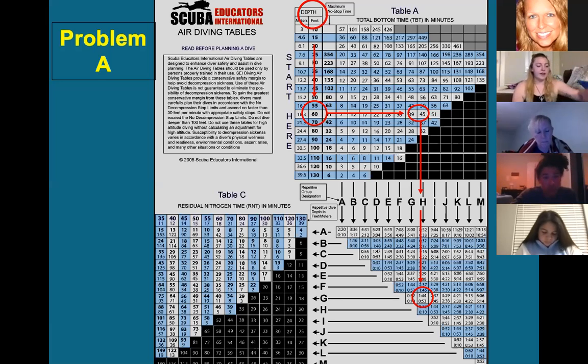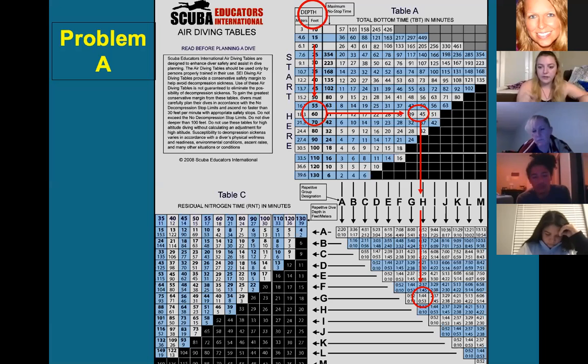So you're going to find where H, you're going to go down until you see where that time slot is for an hour, which is going to be where it's circled, the 1:44 to 53. Then you're going to follow that to the left. So now you can see that we are a G diver after our first dive, after our surface interval.